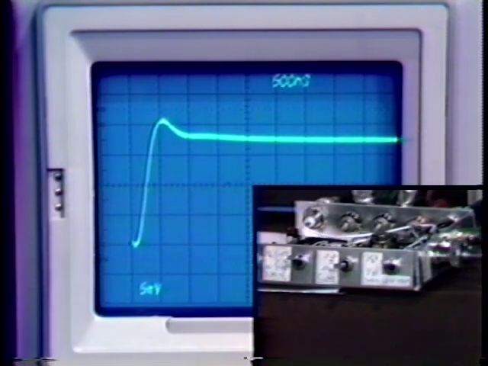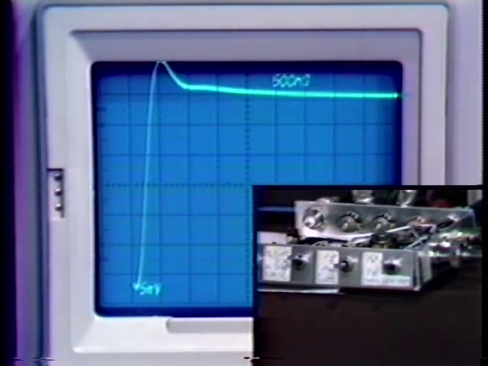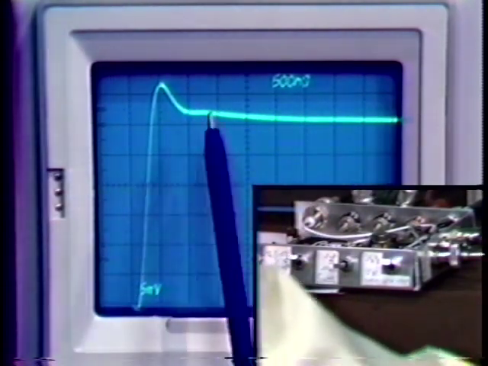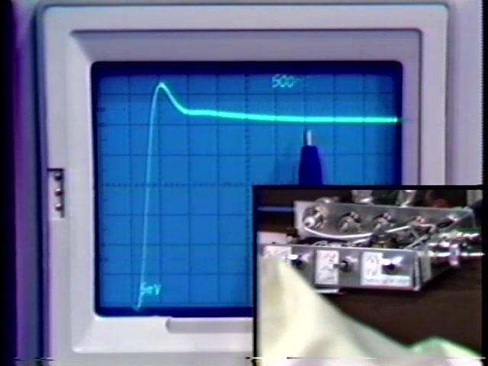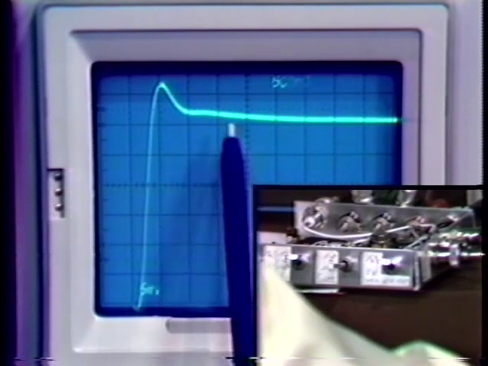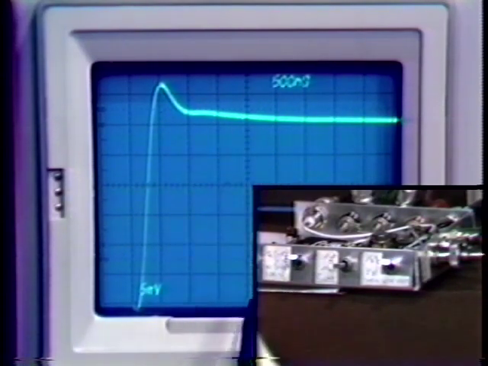We can see that. Let me up the amplitude just a little bit and look at the final part of the response. We notice a fairly prolonged tail. The time constant associated with that tail is somewhere on the order of a microsecond.